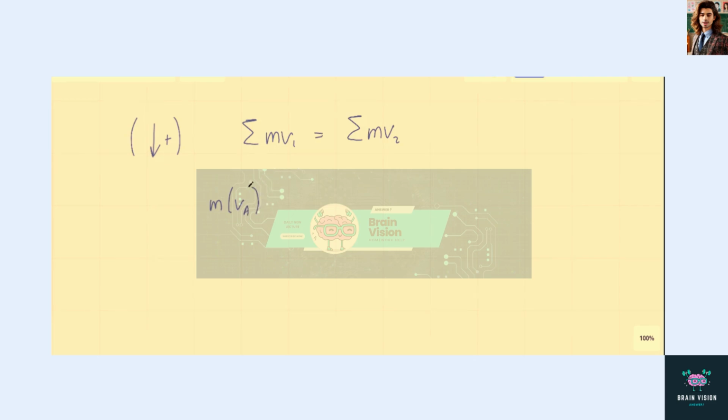The block has initial velocity VA and the plate is at rest. Finally, we have momentum m times VA2 plus 2m VB2. That's the momentum of the plate after the collision. So we'll call this equation 2.